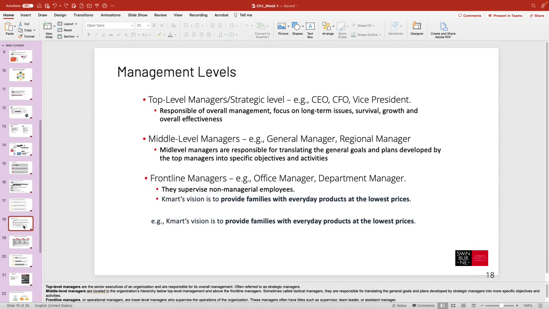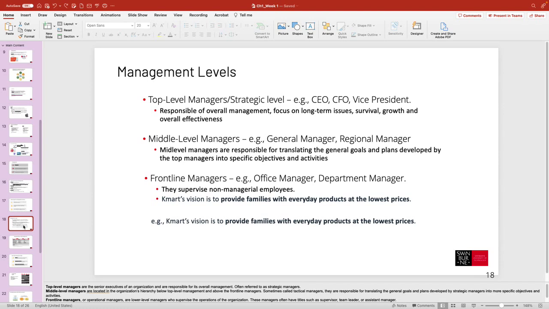We do have middle-level managers like general managers and regional managers. As you can imagine, they're the people between top and frontline managers. They translate the organization's general goals and plans into specific objectives and activities.